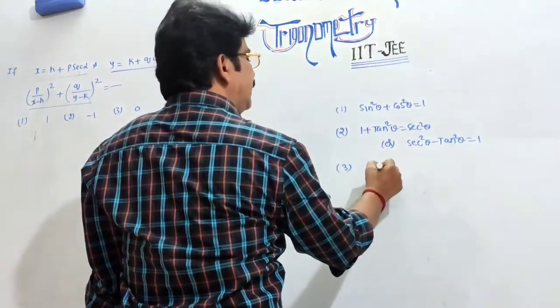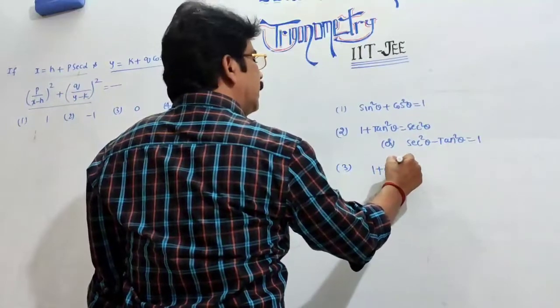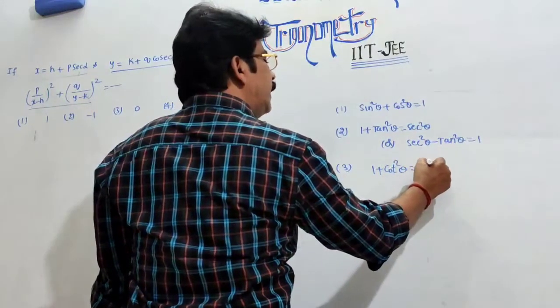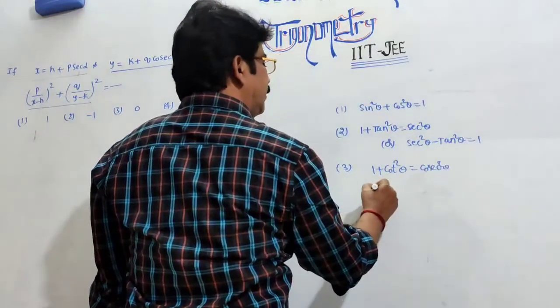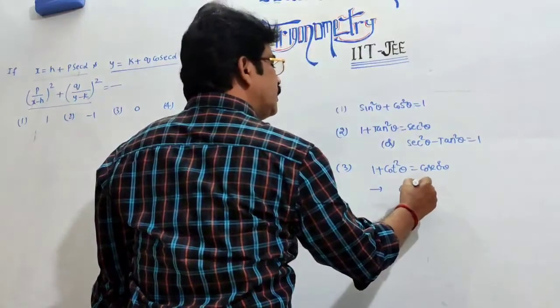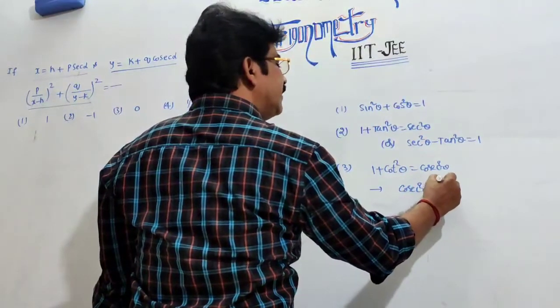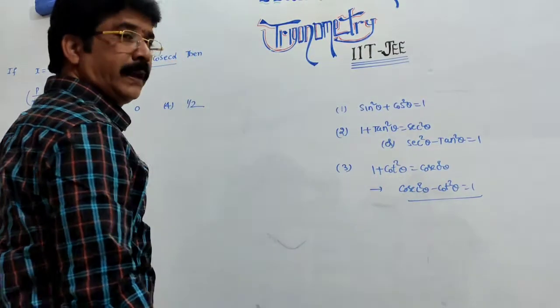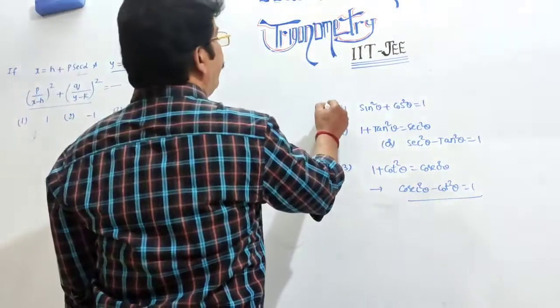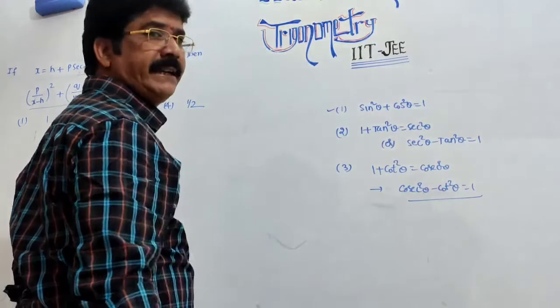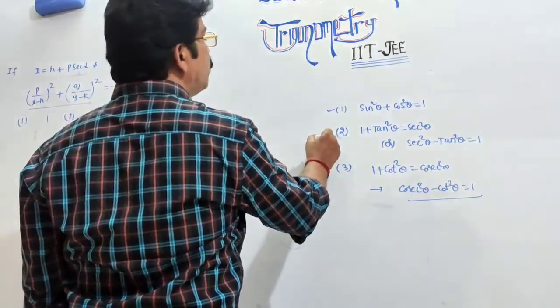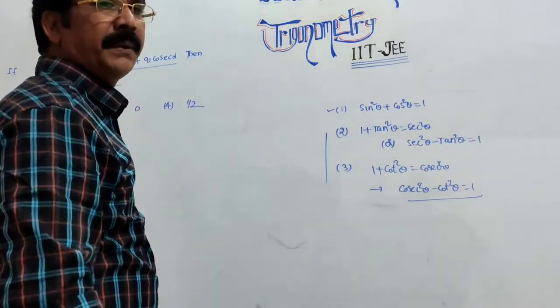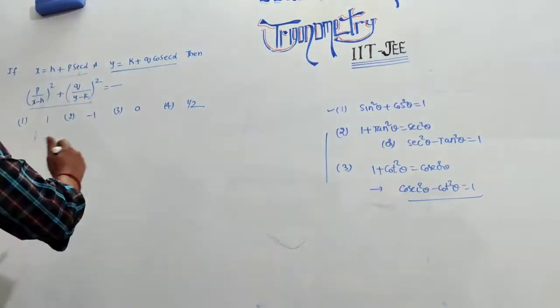And the third one is 1 plus cot square theta is equal to cosecant square theta. So that implies cosecant square theta minus cot square theta is equal to 1. Of course, these are only identical properties. These are called fundamental properties. Understand? Right.